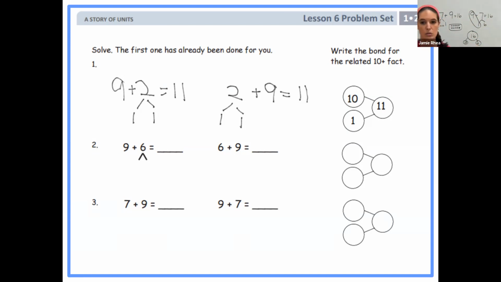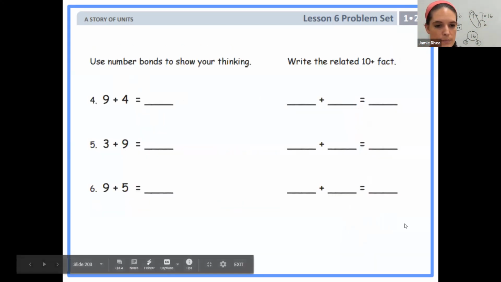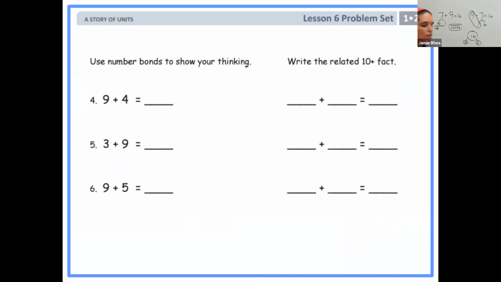Okay, so you're going to do number 2. Let's look at the next problem. All right, it says use number bonds to show your thinking. Write the related 10 fact. Okay, so let's set it up. You're going to do number 6. I'm going to do number 4.